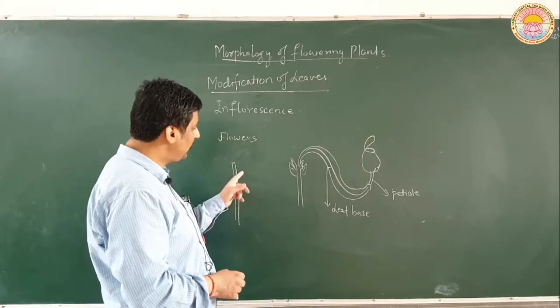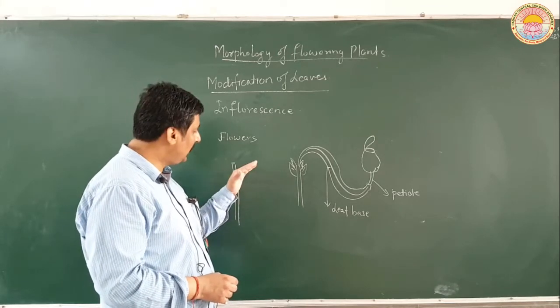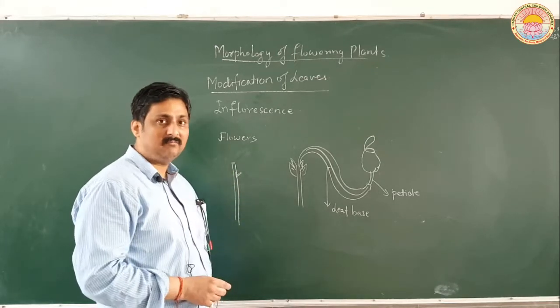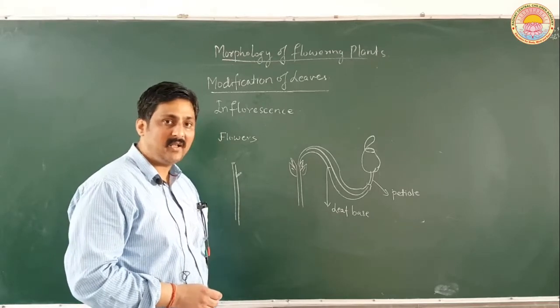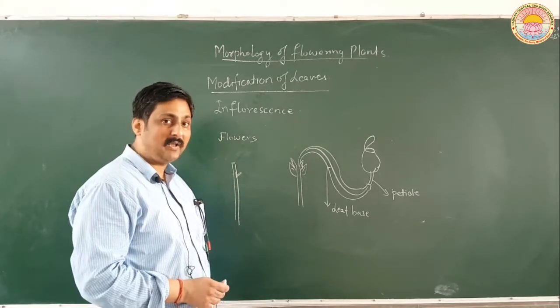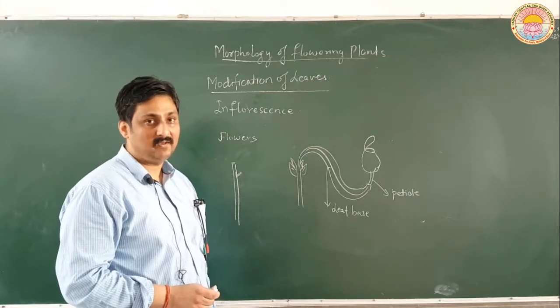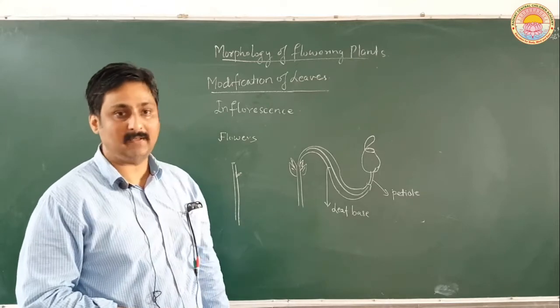But when they are present laterally at the side, they would not hinder the growth of the main stem. So accordingly the inflorescence are of two kinds, racemose and cymose.